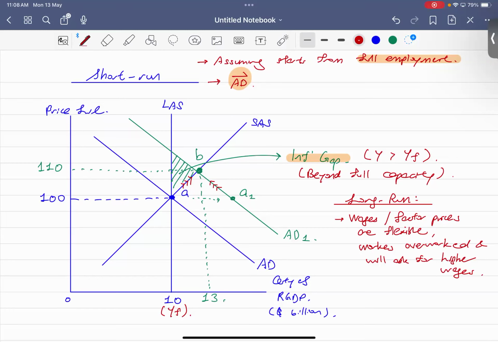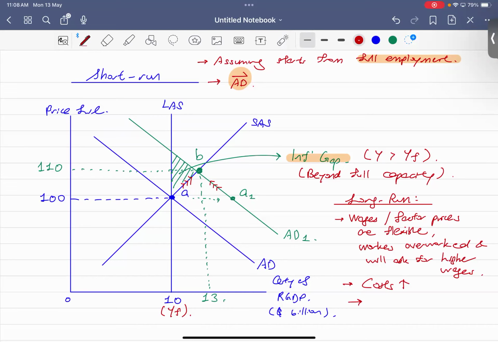Okay, so therefore, when wages become higher, it increases your cost, right? When cost increases, which graph will be shifted? Something to do with the cost. L or S? No, it will not shift L because it's something to do with cost. You look back to our notes.